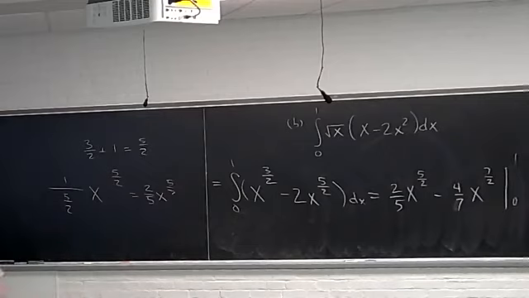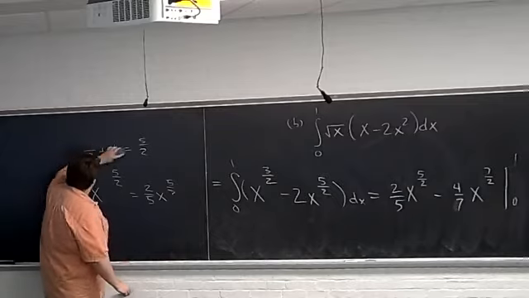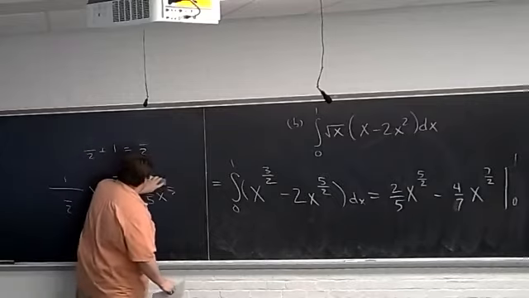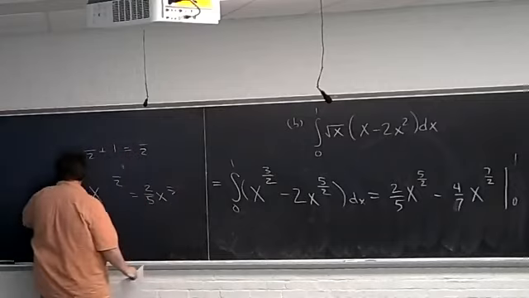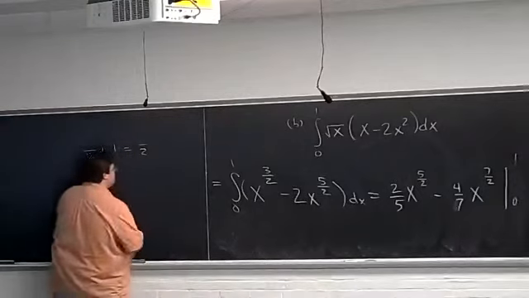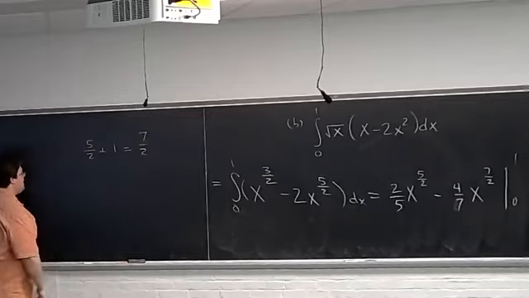What about that second piece? Well, same thing, except we have 5/2. 5/2 plus 1 is 7/2.